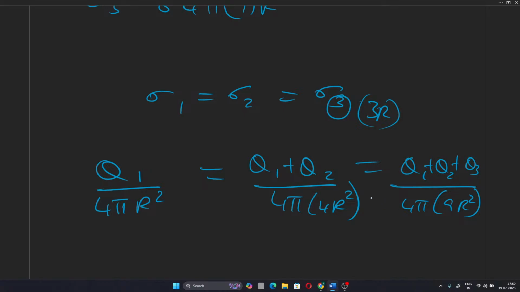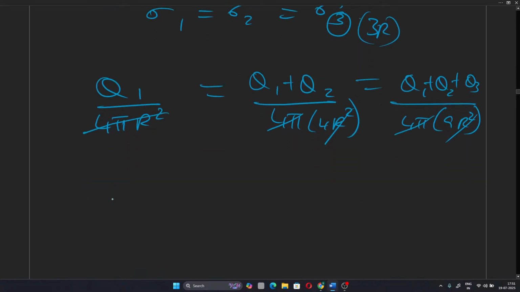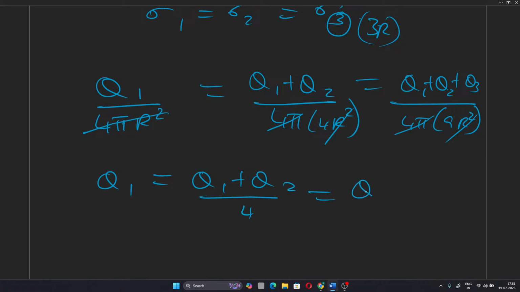Now if we cancel them out, we will get q1 equals q1 plus q2 by 4, and q1 plus q2 plus q3 by 9.